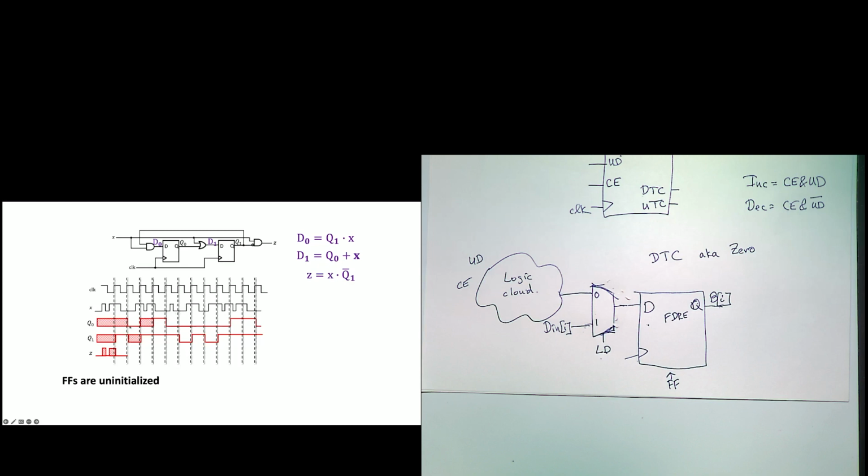Q1 is unknown, but X is 0, so we know Z in the region where X is 0. But we don't know it here. Okay, and now from now on, we know it. And we get 3 cycles of zeros because Q1 is 1. And then wherever Q1 is 0, then we follow X.